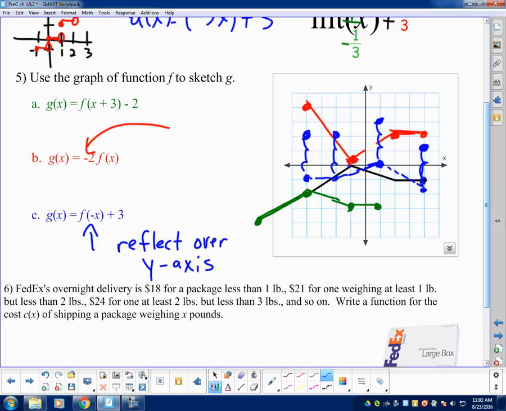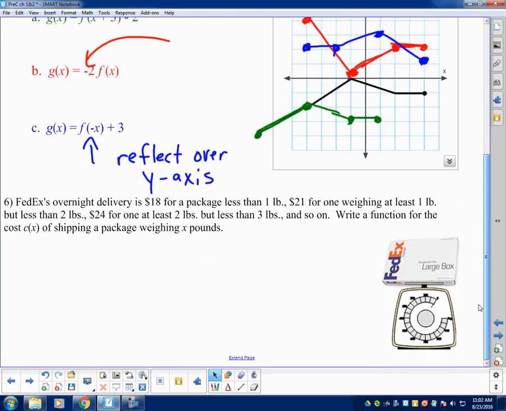So in solid here is my final answer for the blue one. I'll go back, erase some of this stuff. Redrawing my red one here. There it is. So there are the 3 solutions to those graphs.